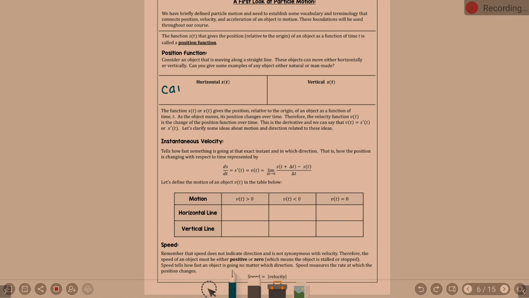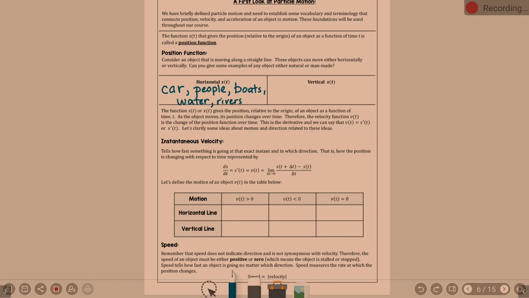Technically, you could put a ball in any part of this. I have cars, people, boats, water and rivers.